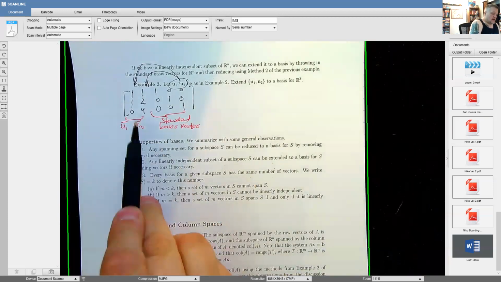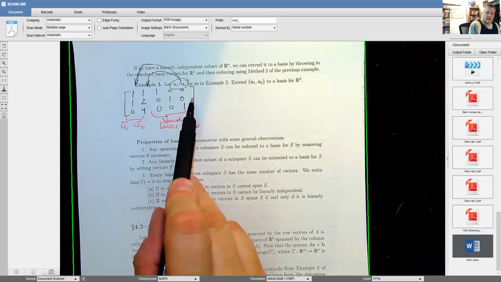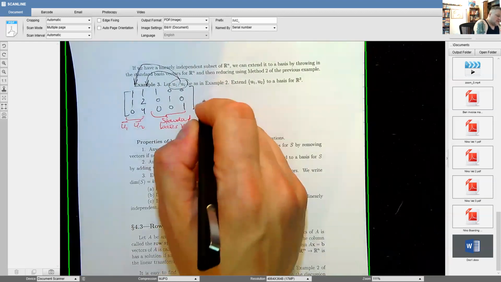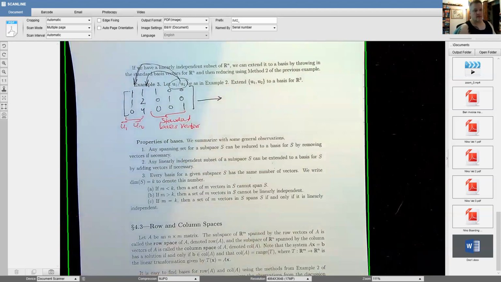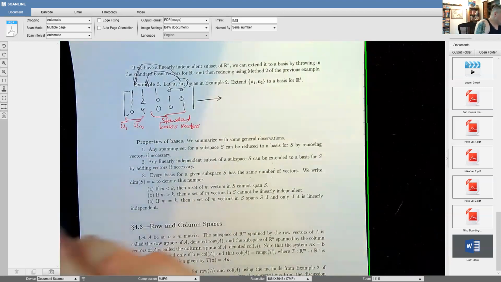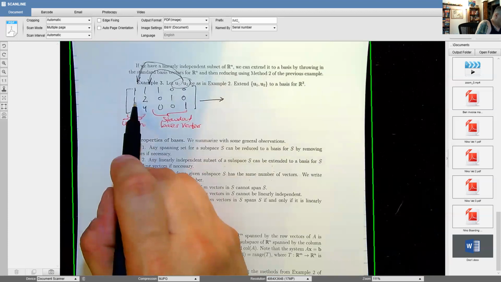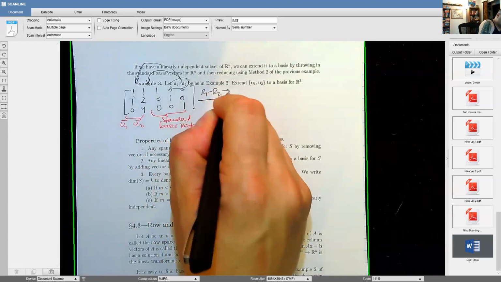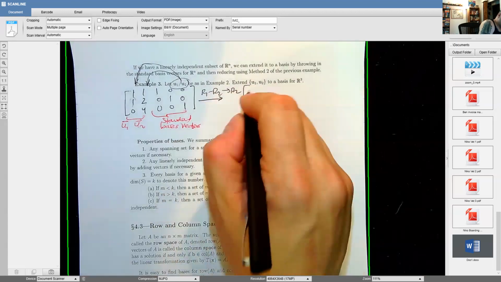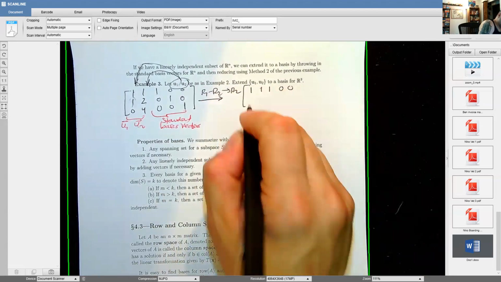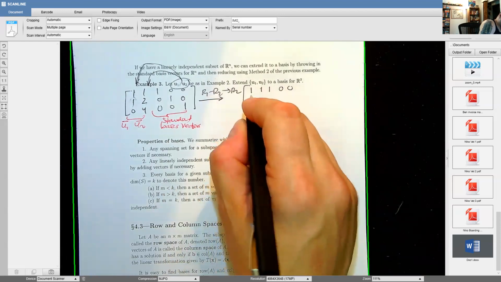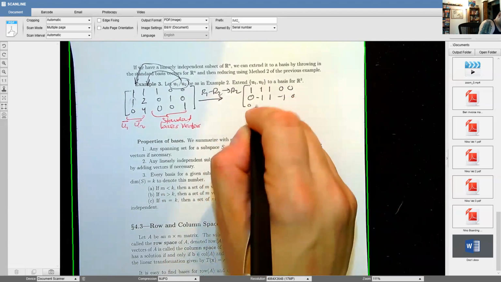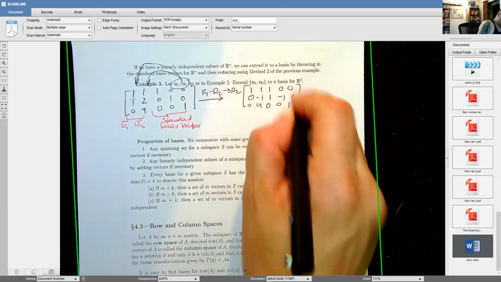I'm now going to go through and find the pivot columns. Since I'm adding on the rows or columns as they are, I'm going to use that second method of finding the pivot columns. To do that, I'm going to get a 0 here, so I subtract R1 minus R2 and put it into R2. So I have 1, 1, 1, 0, 0. If I subtract R1 minus R2, I get 0, negative 1, 1, negative 1, 0, and the last column stays the same.